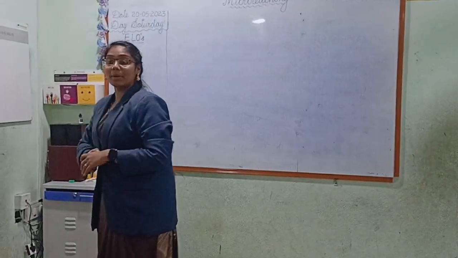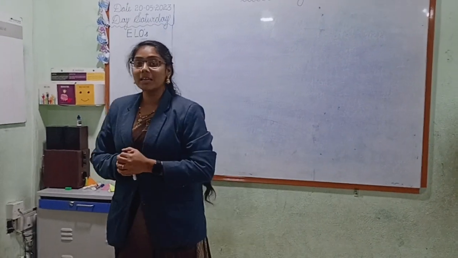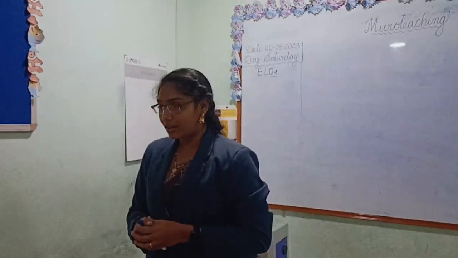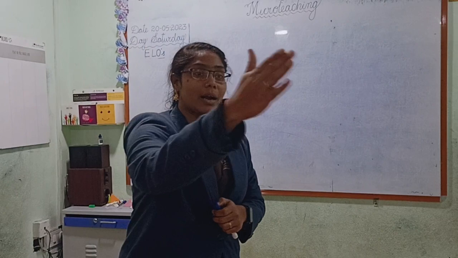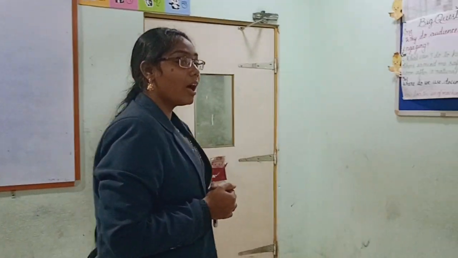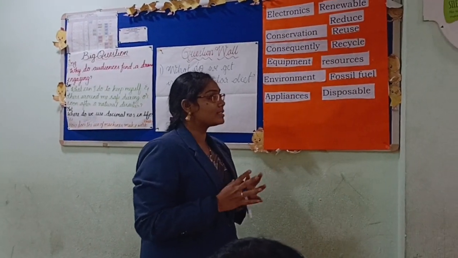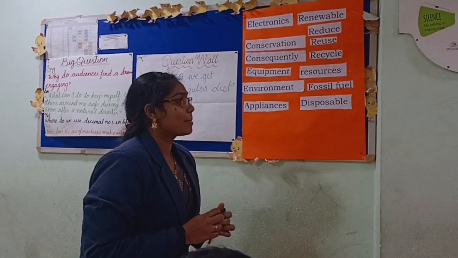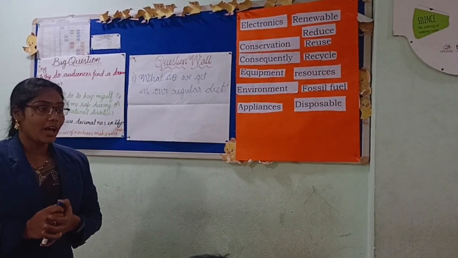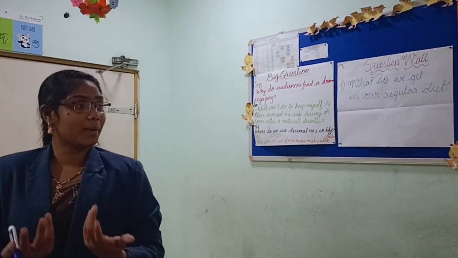So having a meal thrice in a day is a regular routine, right? When was the last time you observed what is there in your plate? In lunchtime, what did you observe in your plate?